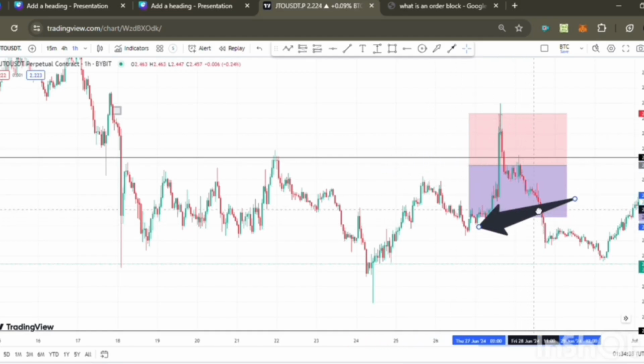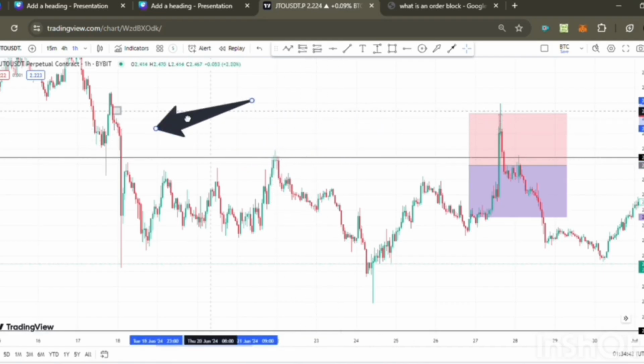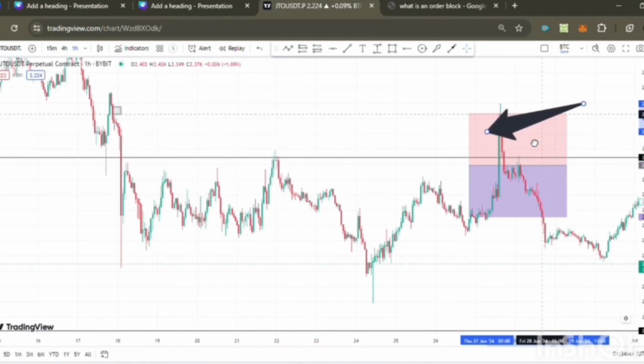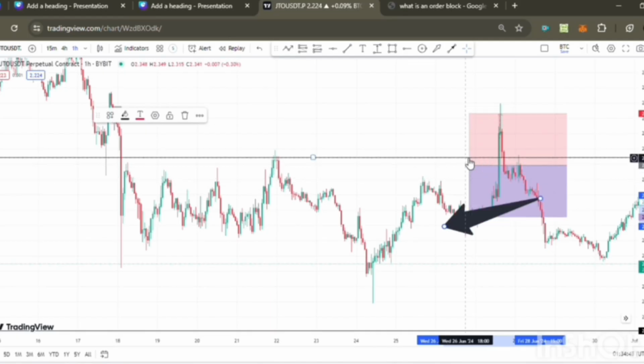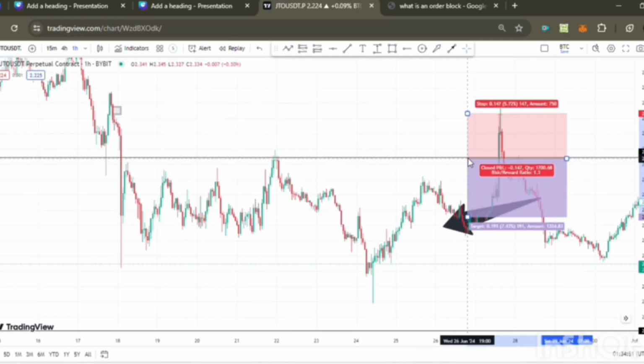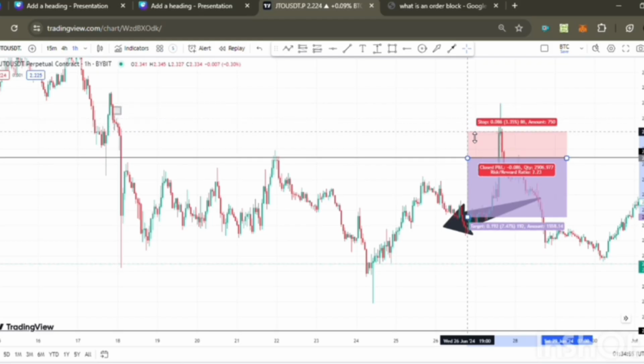But then you need to also look at some things that might affect your trade. So a normal retail trader will place the entry here and the stop loss somewhere here. Do you understand? 3%, right? Now, what happened?